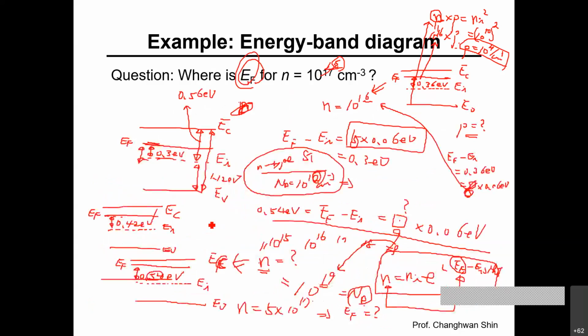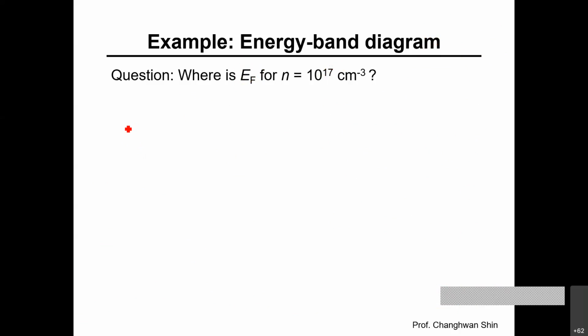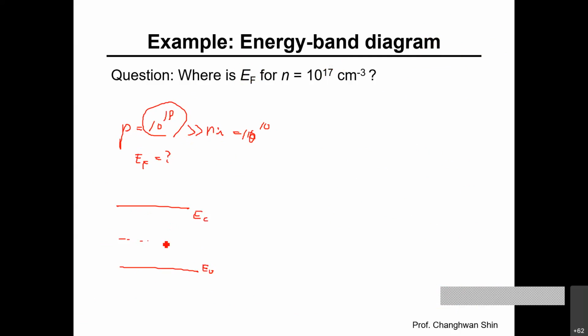So let's do one more practice here. The hole concentration is, say, 10 to the 19. Where is EF? Very simple. Now the hole concentration is 10 to the 19, which is much higher than ni, 10 to the 10. So this is p-type silicon material. In p-type silicon material, the Fermi energy level should be found near the valence band edge, EV.